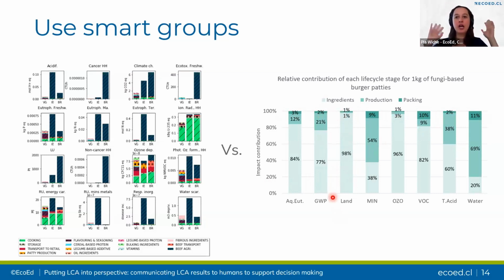So even if you reduce 100% of the impacts related to packing, that is going to result in at most an 11% reduction in the water category and less reduction in the other categories. But here's the big stuff. So ingredients are a big issue with this product.